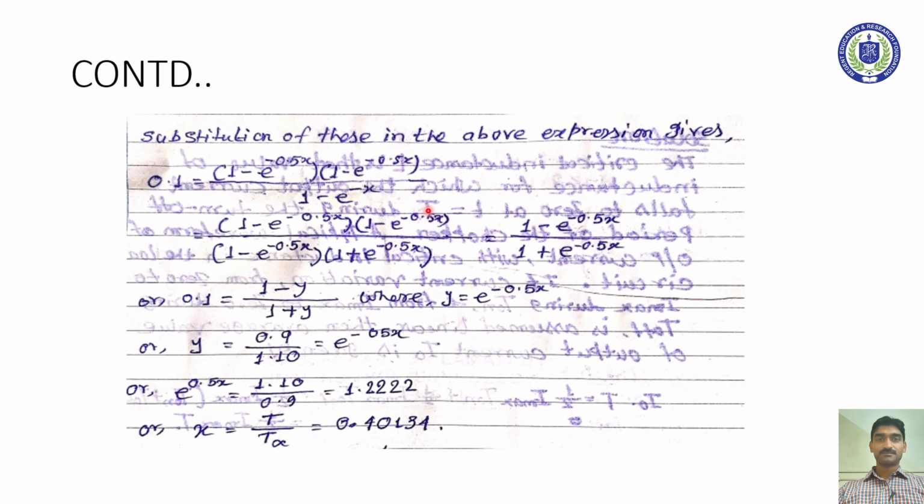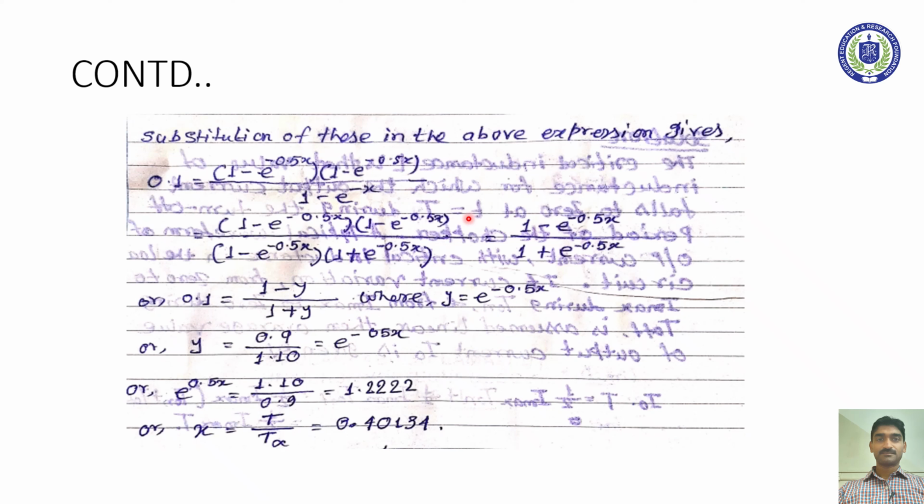This is the same value for both cases: (1 minus e to the power minus 0.5x) into (1 minus e to the power minus 0.5x) by (1 minus e to the power minus 0.5x) into (1 plus e to the power 0.5x). That is the expression we are always looking for.